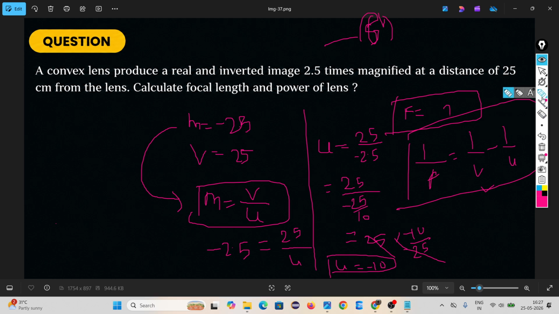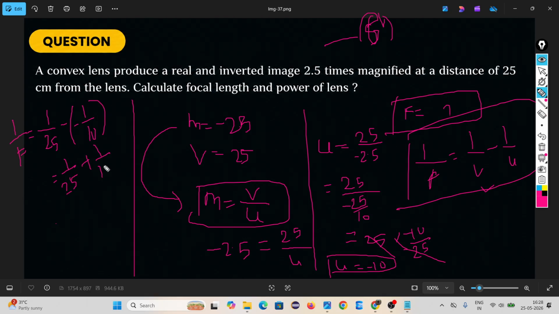Then put in the lens formula. 1 by f equal to 1 by v minus 1 by u. V is how much? 25. U is how much? Minus 10. So 1 upon 25 plus 1 upon 10.